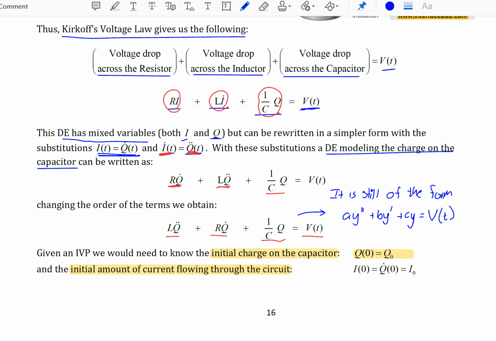So the left-hand side still matches the same left-hand side of the differential equation we've been studying all of chapter 4.2. So our solution should still be the same. We just have a new application of this second-order linear differential equation.